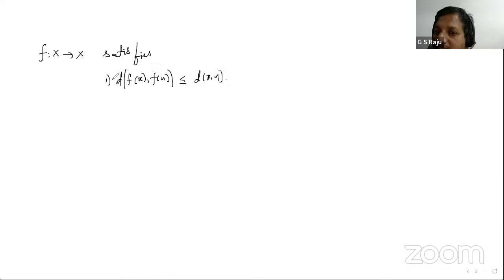Such maps are called non-expansive maps. In our earlier case, our alpha is 1. So for non-expansive mappings, can we get any results on fixed points? That means, is there any guarantee for the existence of a fixed point for non-expansive maps?